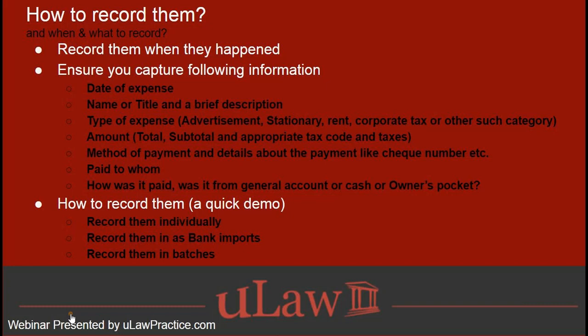So a little title such as phone bill, or October 2019 LSO fees, right? Little descriptions of that expense. Then comes the type of expense. This is really something that you can categorize.